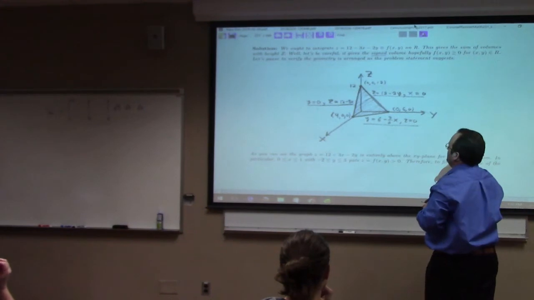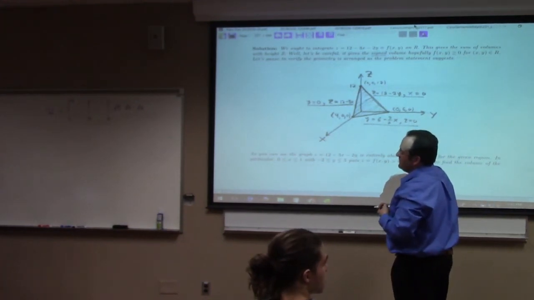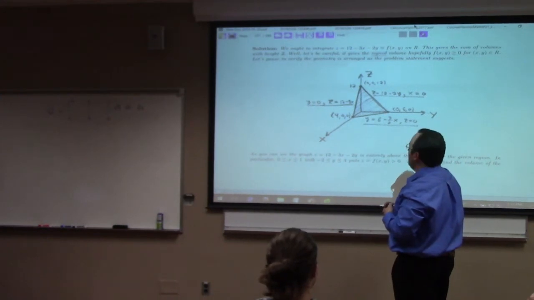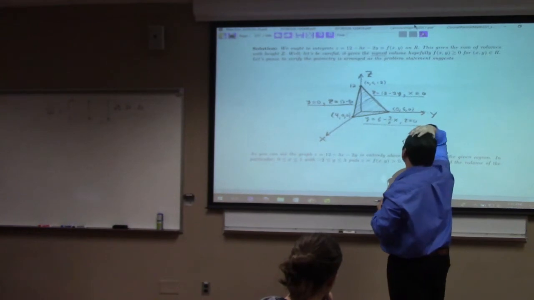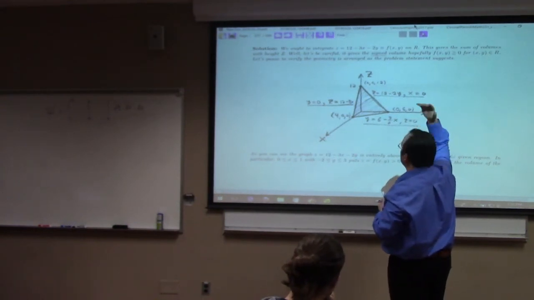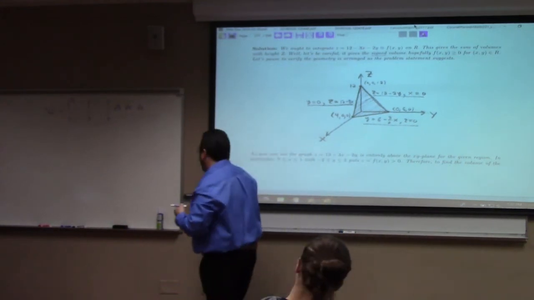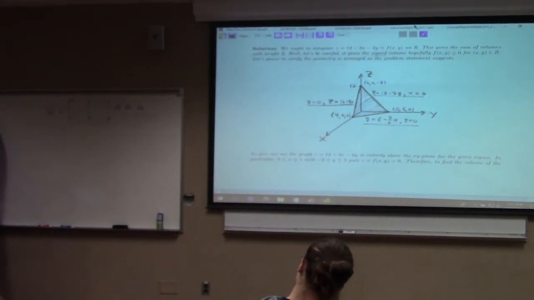Then my next move, I want to write y, solve for y. Where's the graph to start with? I mean, the equation of the plane was what? X plus 2y plus 3z equal to 12, was that it?